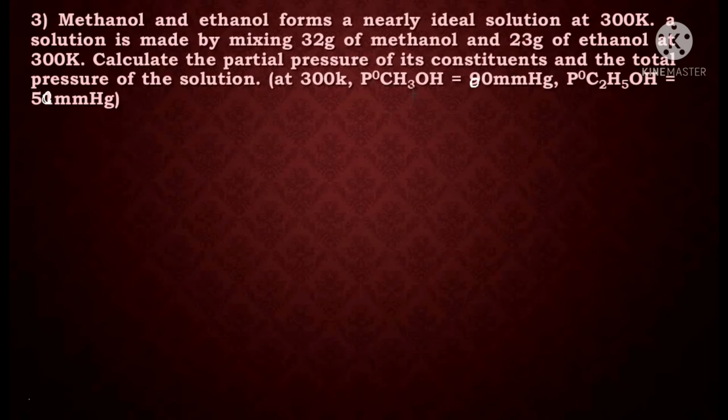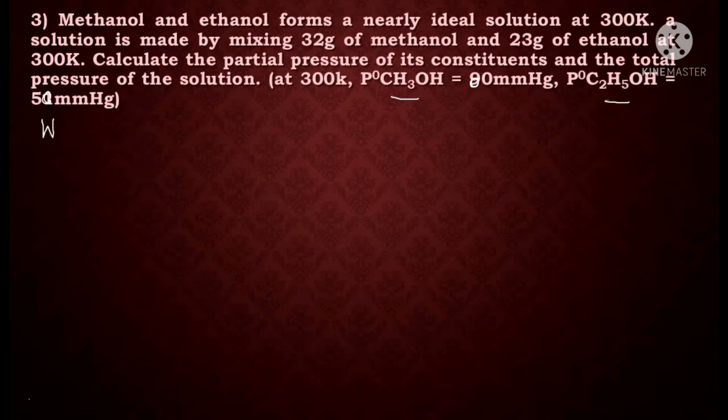Two constituents are given, that is methanol and ethanol. Okay, and the pure methanol value is given and pure ethanol value is also given, and the amount of methanol dissolved and ethanol dissolved is also given. Okay, and you are asked to calculate the partial pressure. So let me write the data given first.